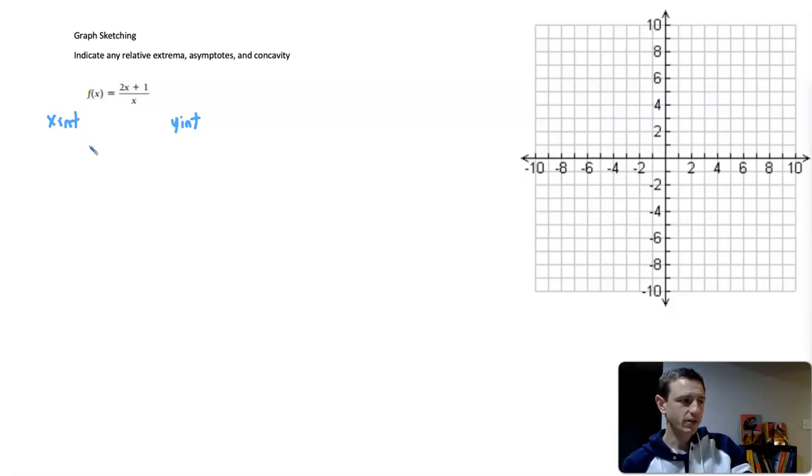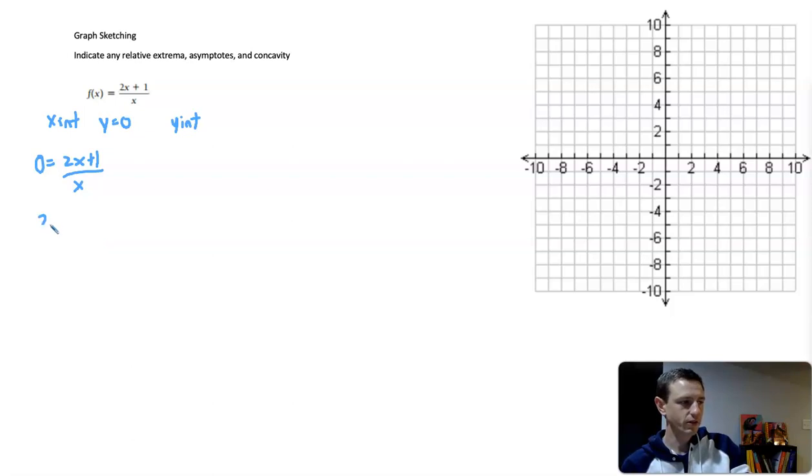X-intercept is when we cross the x-axis. So what does that mean for x-intercept? That means that we want when y is equal to 0. So we want to cross the x-axis. So that's when y is equal to 0. So we're going to set this equal to 0. So (2x + 1) over x equals 0.